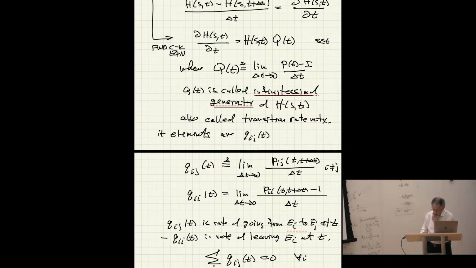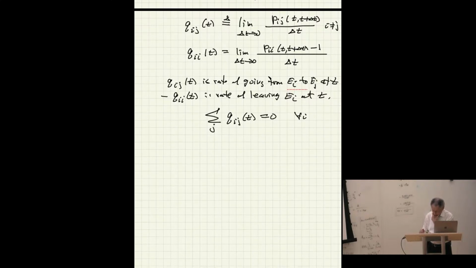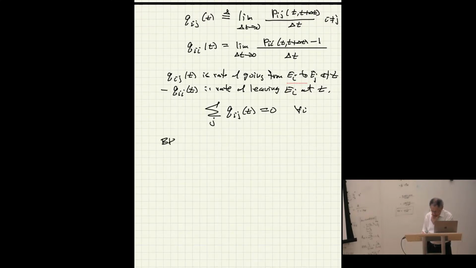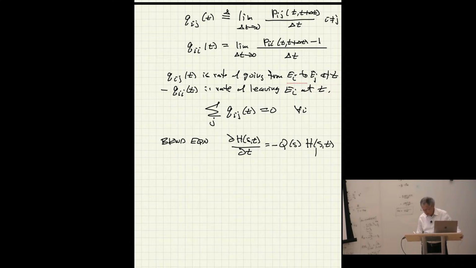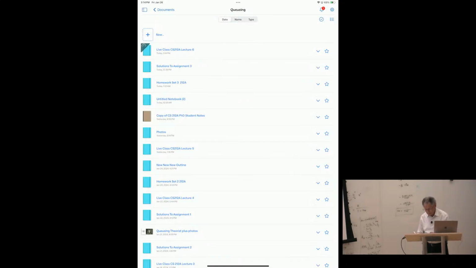Now, this was the forward equation. The backward equation is similarly the partial of h of s and t with respect to t is equal to minus Q of s times h of s and t. And that's again for s less than or equal to t.